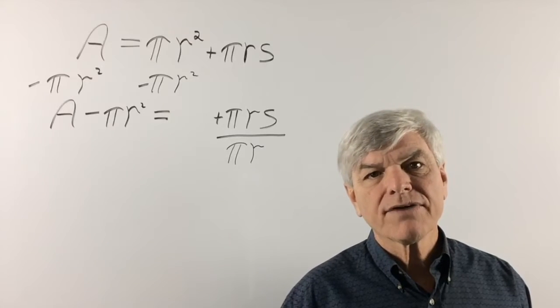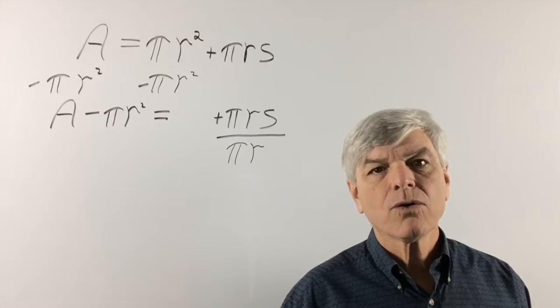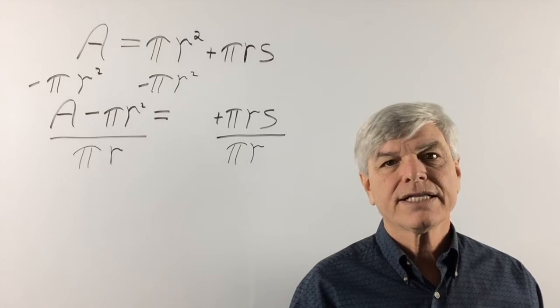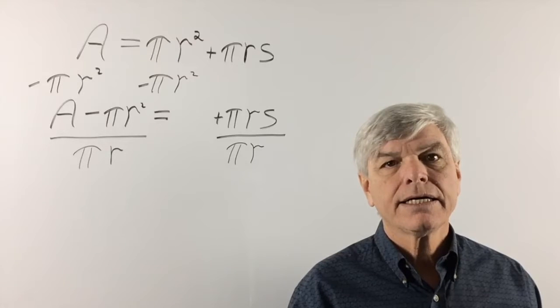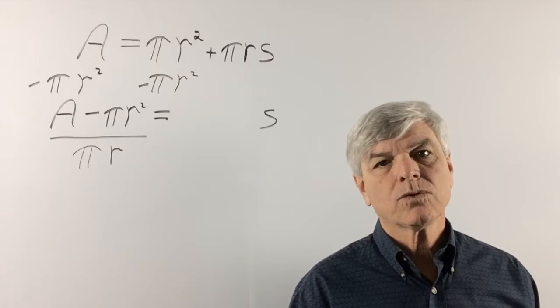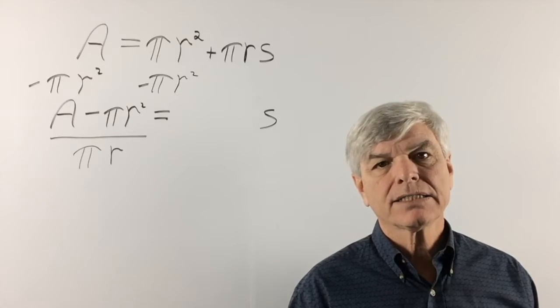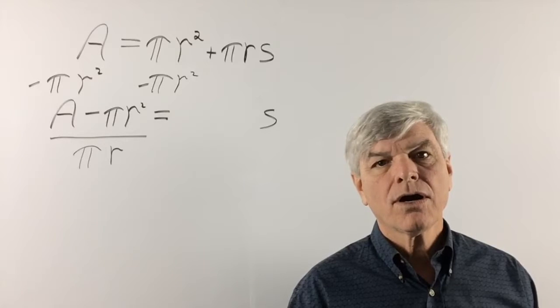And since we're dividing by pi r on the right-hand side of the equation, we're going to do that to the left-hand side of the equation. And s will become 1s. And s equals capital A minus pi r squared over pi r.